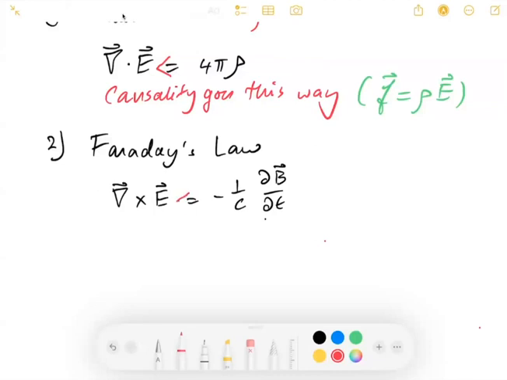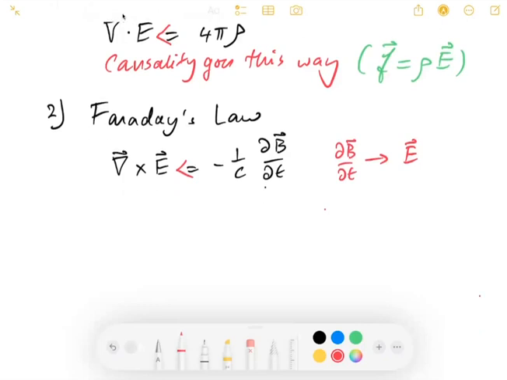Causality goes this way again. So you have some kind of a dB dt, and it causes an E field. So according to these two laws of electromagnetism, there are two ways in which you can generate electric fields. You can generate them through changing the magnetic field, and you can generate them by putting some kind of a charged object in space-time.